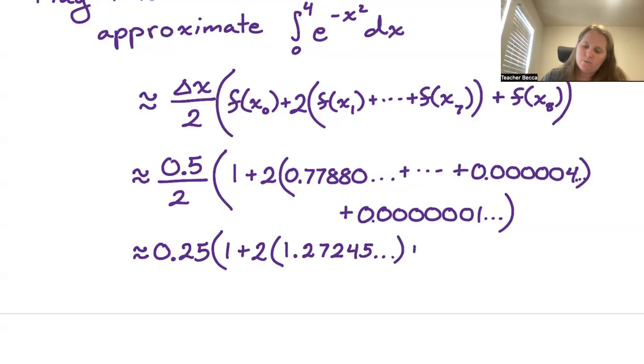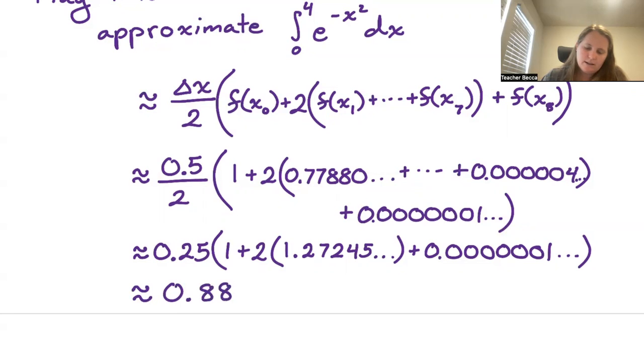And then we have plus our 0.00000001 and so on on the end. And if we do this final computation, we wind up getting that our definite integral is approximately 0.88622 and so on.